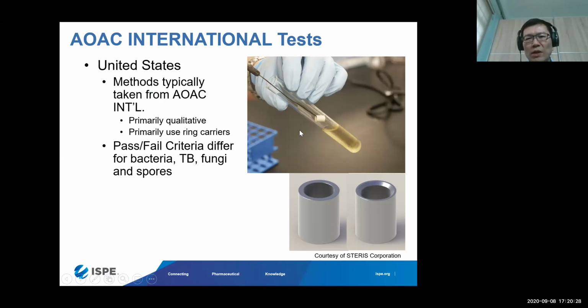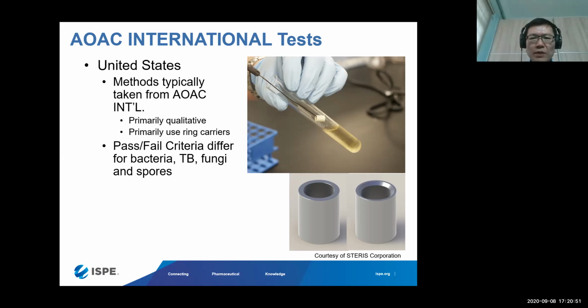How they do the testing is that these penny cylinders are first sterilized and then submerged in the microorganism suspension. After that, you put it into a solution of the test chemical disinfectant for a certain period of time.